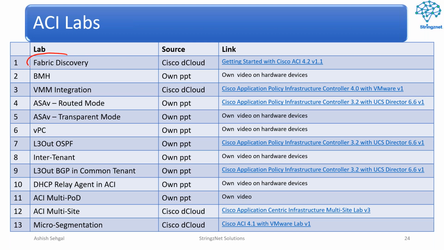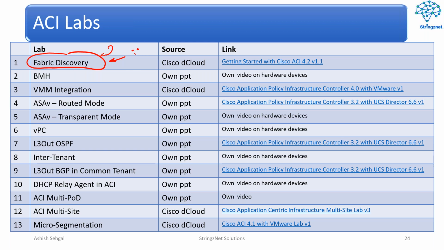In case you happen to see any guy having the hardware device, no one is showing you the Fabric Discovery lab. Well, when I was teaching, even with the help of hardware devices, I never demonstrated this particular lab, because in order to demonstrate it, you really have to wash out all the configuration from the devices and start from scratch.